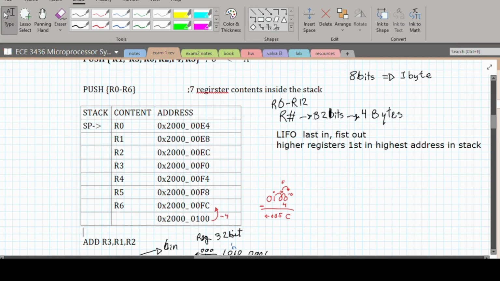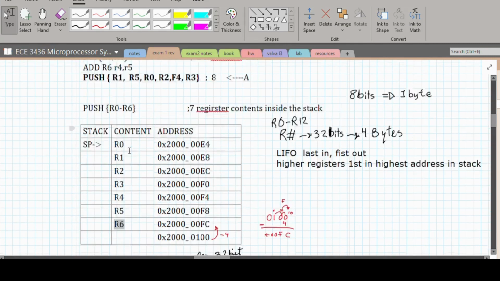Because we have 32 bits, which translates to 4 bytes. And what is 32 bits? That's the content inside of the register, so you need to save that space for that content. This is a little bit of explanation of how it goes. So basically, subtract 4 and it should be like that.